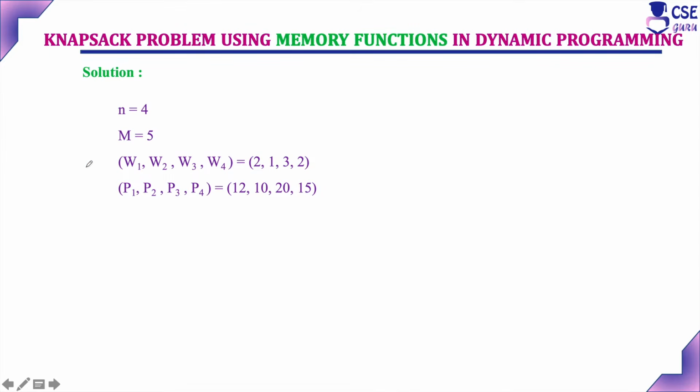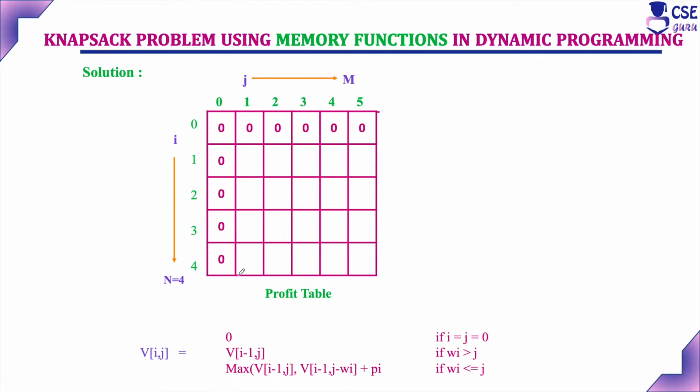So here the given values are n is 4, m is 5 and w1 is 2, w2 is 1, w3 is 3 and w4 is 2. So these are the weights of the corresponding objects. And the profit of the first object is 12, second object 10, third object 20, fourth object 15. And here, this is the initial matrix to compute the profit.